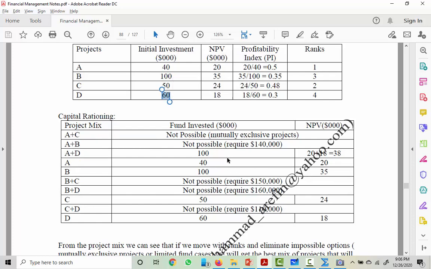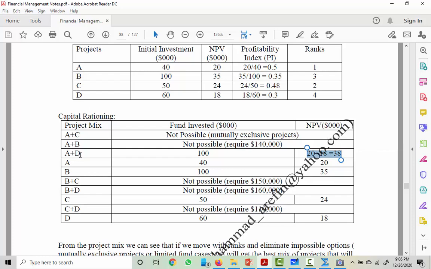Yes, we can invest. If we invest in project A and D, the NPV we will get is 20,000 plus 18,000, which means a total of $38,000 NPV.